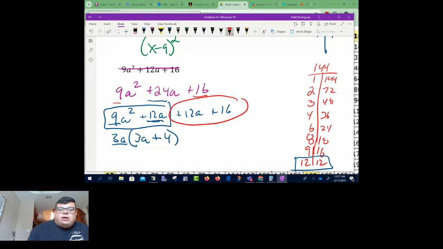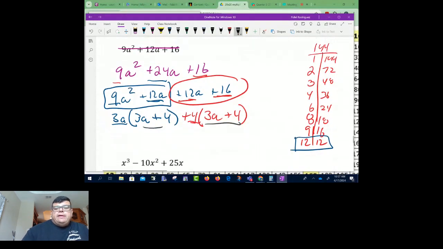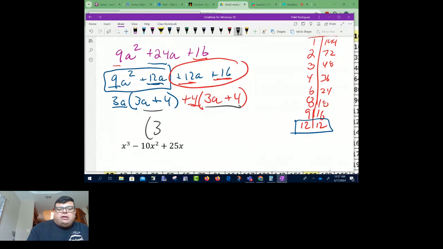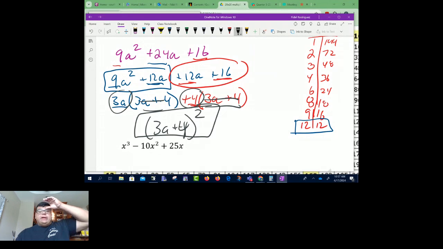Right over here, we can take out the number 4. 4 goes into 12 3 times. 4 goes into 16 4 times. And then we got a 3a plus 4 from here, and look what we got, another 3a plus 4. So let's just write it as 3a plus 4 all squared.